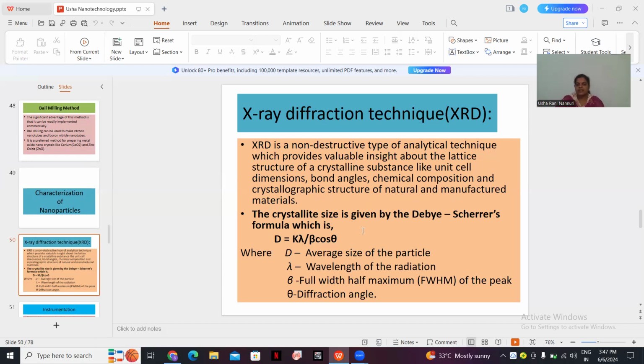The crystallite size is given by the Debye-Scherrer formula, D = Kλ/(β cos θ). In this formula, D is the average size of the particle, λ is the wavelength of the radiation, β is the full width at half maximum of the peak, and θ is the diffraction angle.